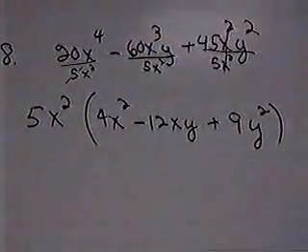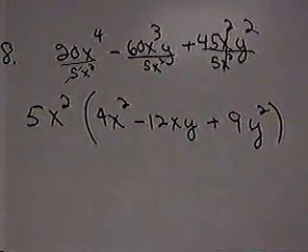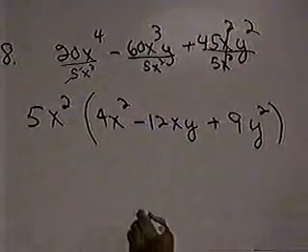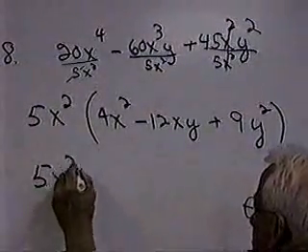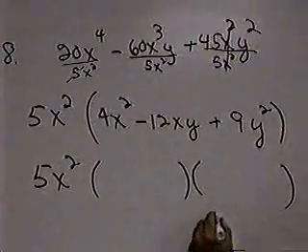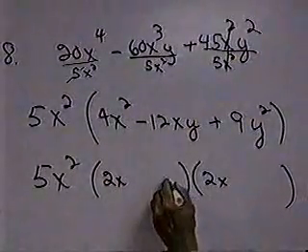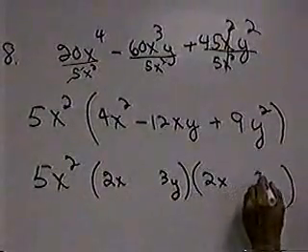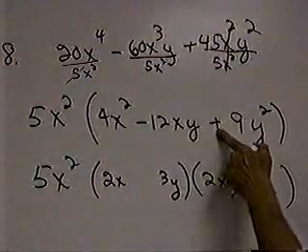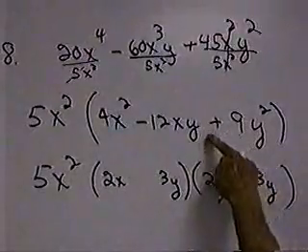So we did a common factor. Now what did I say a while ago? Look to see if you can factor it some more. So 5x squared, FOIL method. So we'll put 2x and 2x and 3y and 3y. Now if the last term is a plus, then the signs have to be the same.